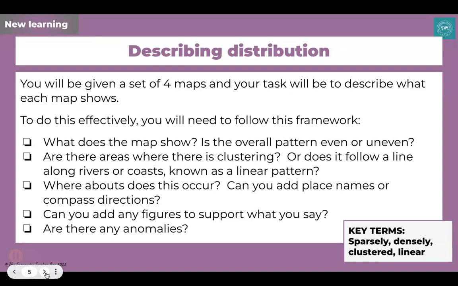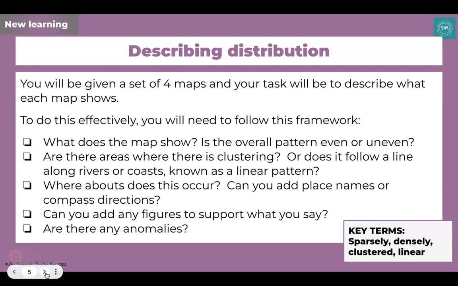Okay, so to do this, you're going to be looking at 4 different maps. And your task will be to try and describe what you can see on each map. Now to do this effectively, you're going to try and follow this framework. So you first of all need to really think carefully, what is the map showing you? You also need to consider, is there a pattern to what's being shown?